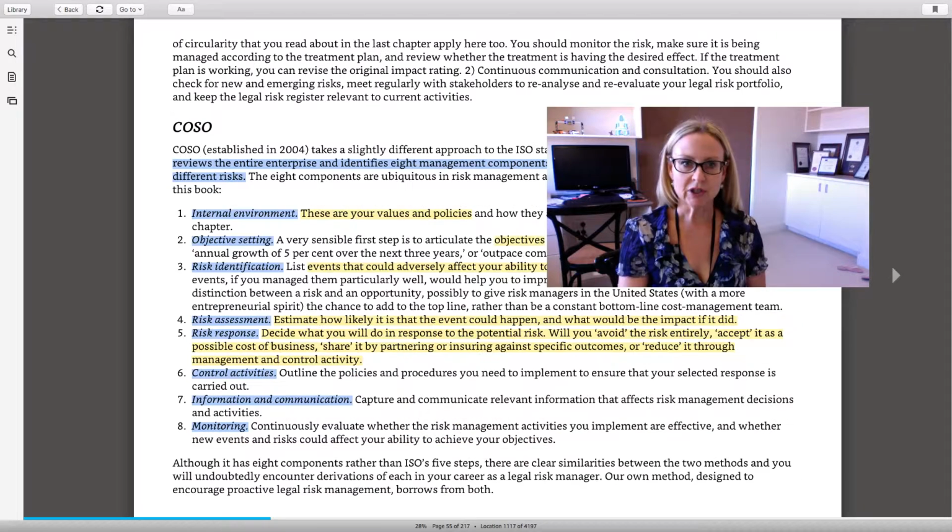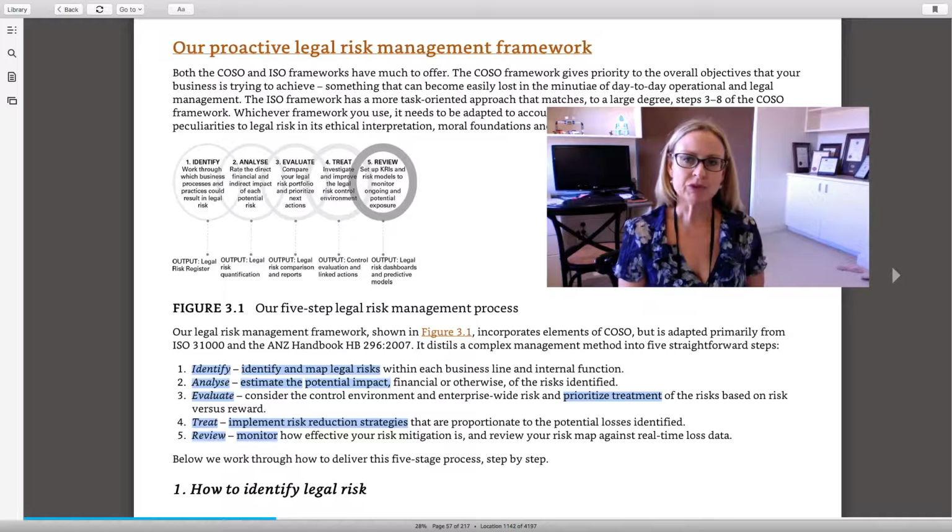They also have a quick discussion of the COSO model, which is a variation on the theme. And then what they do is they kind of pare it all down and give you a distilled 5-element process in which they recommend you go about engaging in a risk assessment.